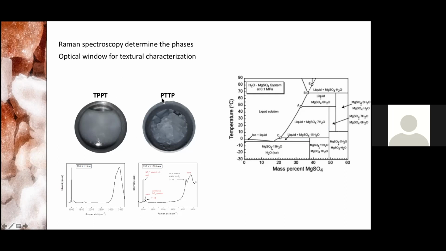But here you pressurize first, then lower the temperature, and then depressurize. So here you can see bigger crystals with more anisotropies, while here the sample is very homogeneous. So the method of crystallization is important.